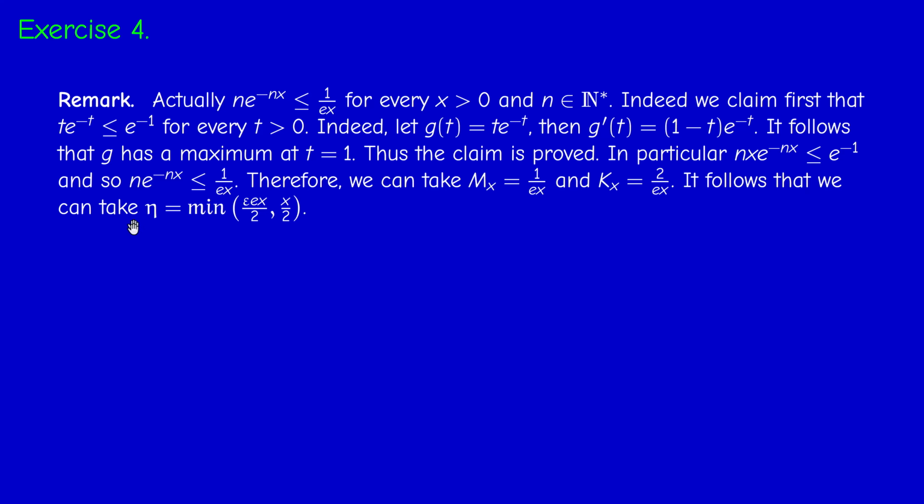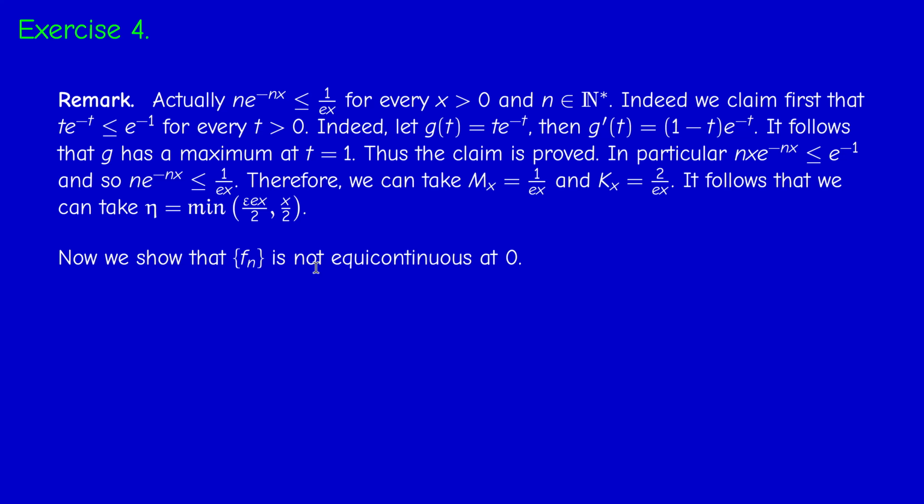Therefore, the eta can simply be the minimum, because now actually epsilon over kx is less than epsilon over mx. So the minimum is just this 1 over k, which is epsilon ex over 2. So the eta can be taken to be the minimum between epsilon ex over 2 and x over 2. Okay, so once again, we see that eta depends on x.